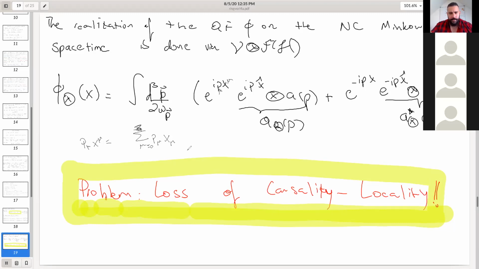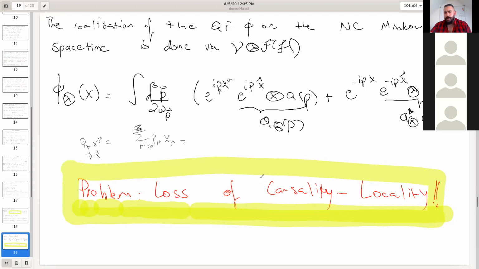And sometimes instead of writing p mu x mu, we just write px, because it is understood that if we wanted to write the vectors, then we would write the vector sign. Okay, this is sort of a notational issue. But basically all you do is you tensor this representation space of the Moyal-Weiss space by this Fock space.